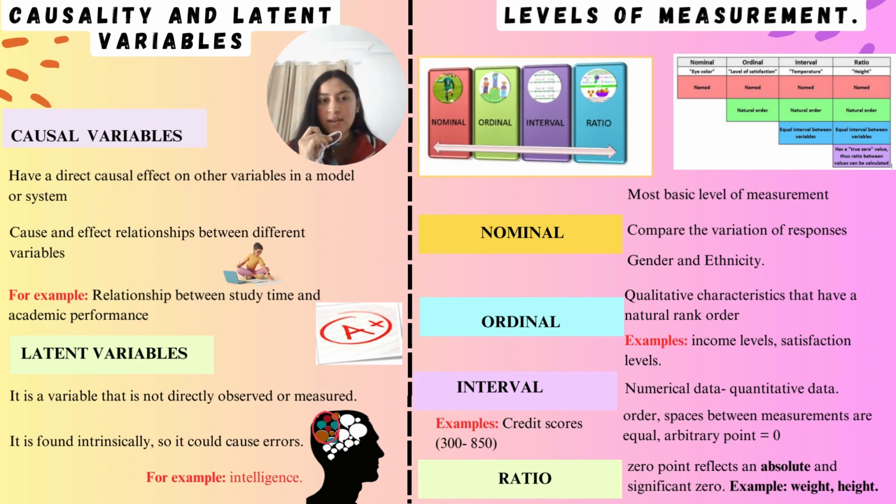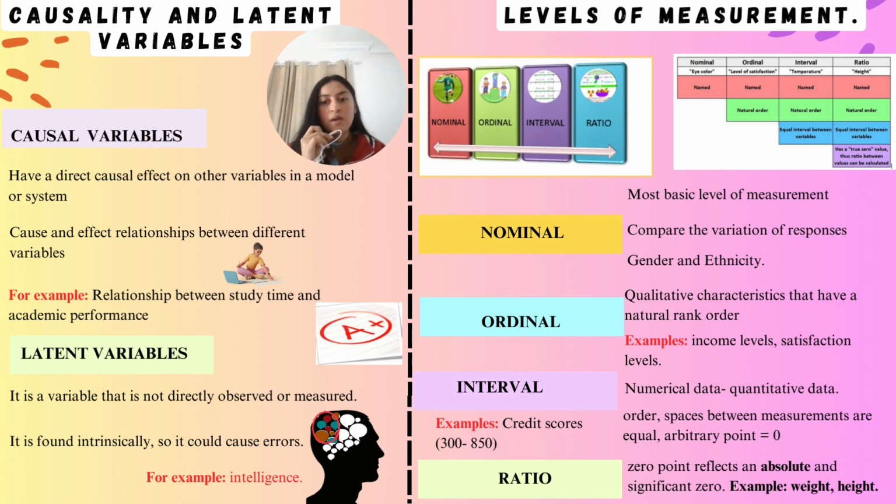We will talk about an interesting topic. It's about causality and latent variables. Well, what are causal variables? Causal variables are those that are considered to have a direct causal effect on other variables in a model or system. In the context of research and data analysis, we seek to understand the cause and effect relationship between different variables.